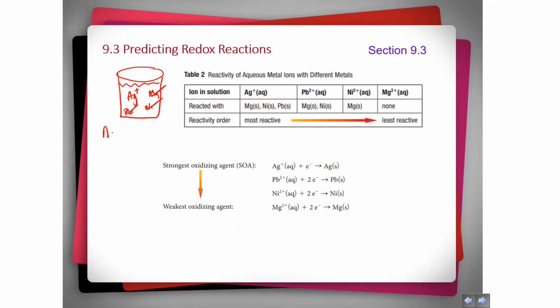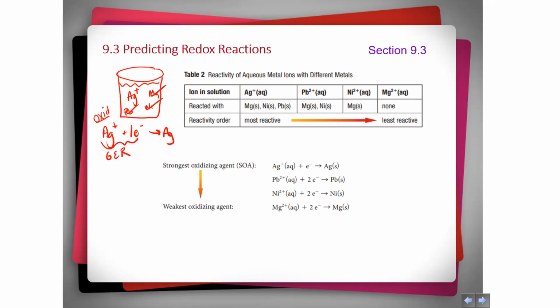For silver ions to react, they would have to gain an electron, and they would become silver solid. When they gain an electron, it is a reduction. These guys would be oxidizing agents. So metal ions tend to be oxidizing agents. Metal solids are reducing agents, but metal ions are oxidizing agents.